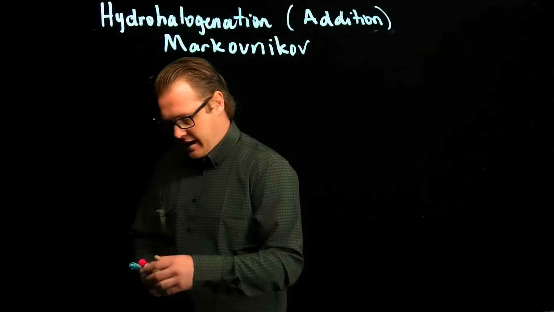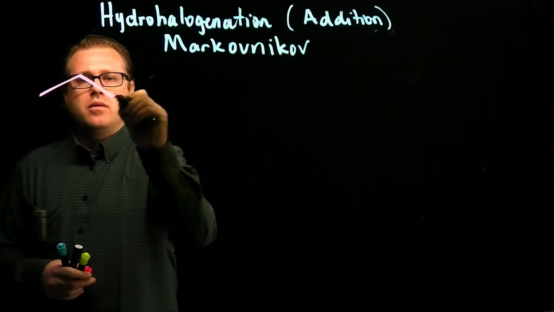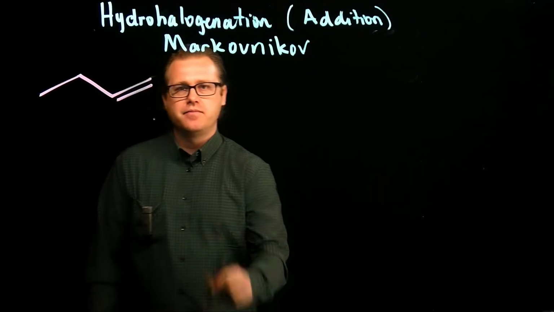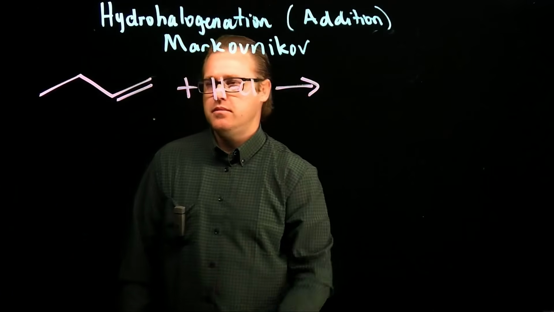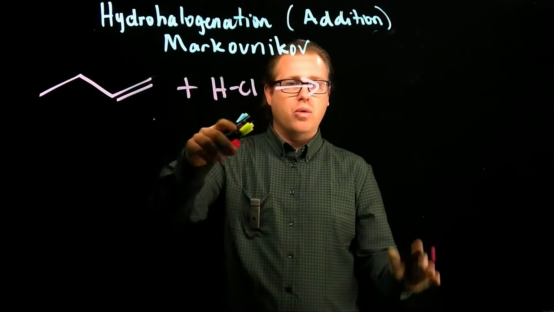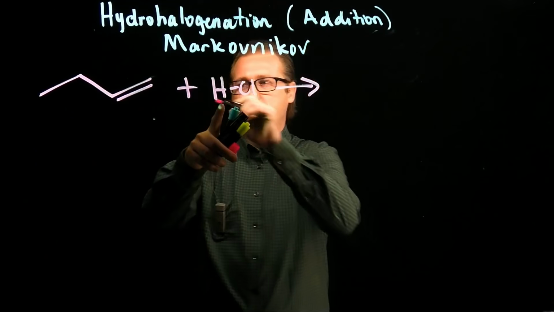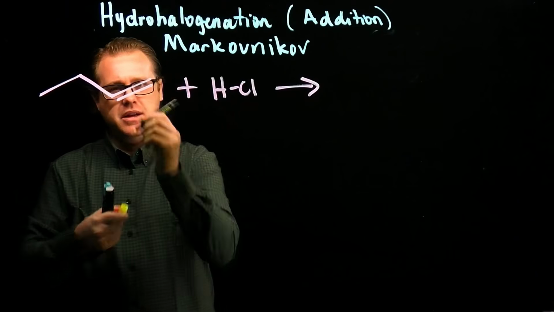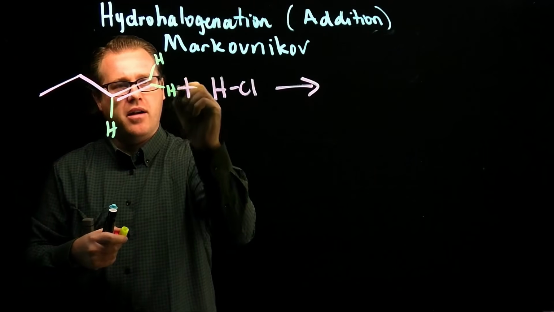Let's take a look at a reaction here. What if I had an alkene that looks like this, and I want to treat it with HCl? Without worrying about stereochemistry, where's the hydrogen going to go? We just have to follow Markovnikov's rule. Well, there's one hydrogen there, and there's two there.